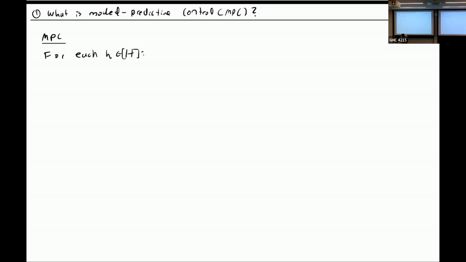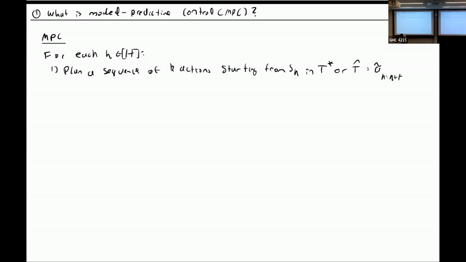One, we're going to plan, and I'll say what this means more formally in a bit, a sequence of K actions starting from the state s_h, in either a perfect model, like a perfect simulator, or some sort of approximate dynamics model, P-hat. And I'm going to call this a-tilde_h to h+K.